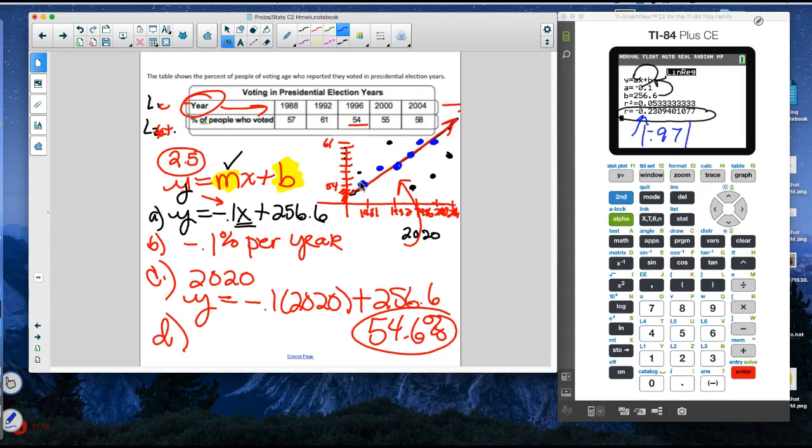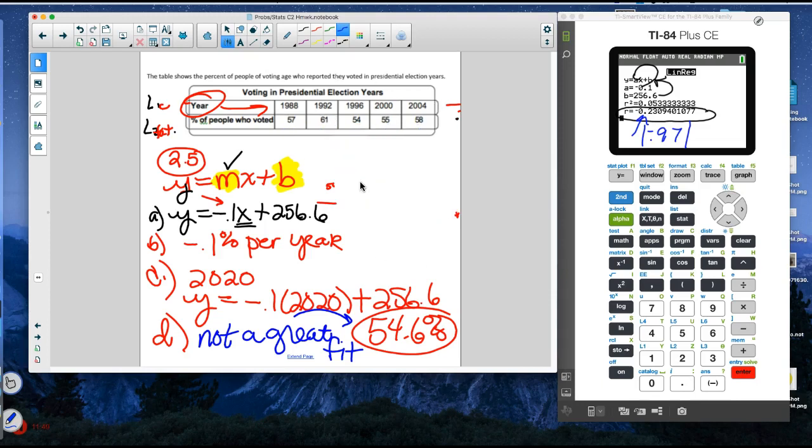The negative just means that it was going down instead of up. So anyway, negative 0.23. What that tells us is this is not a great fit. Again, if you get 0.99, it's a really good fit, and this is probably a really good estimation. But you can see these are bouncing around quite a bit. Although if I made my graph a little better, they probably would appear a little bit more in line. But that's it. That's all you do.